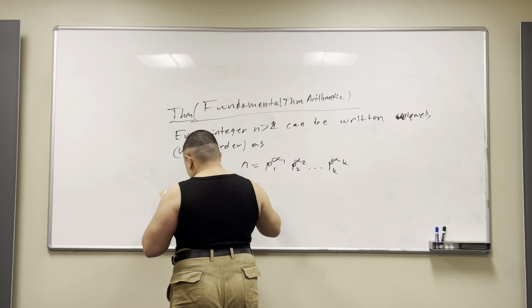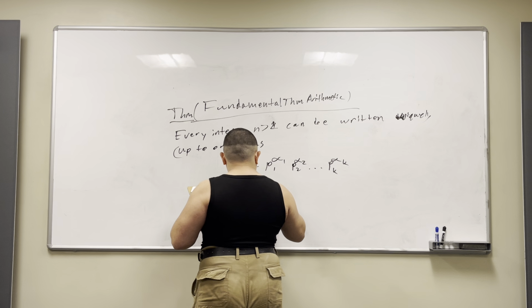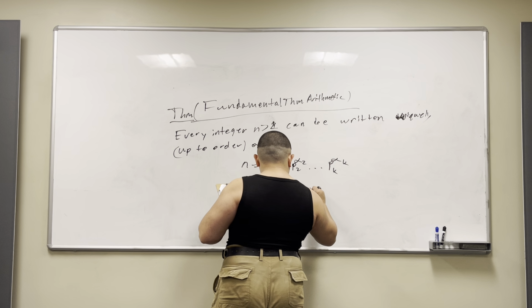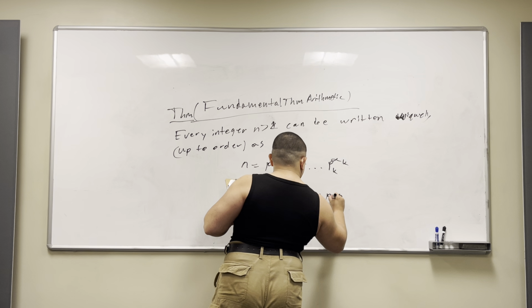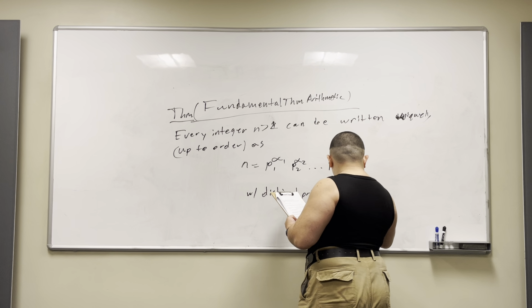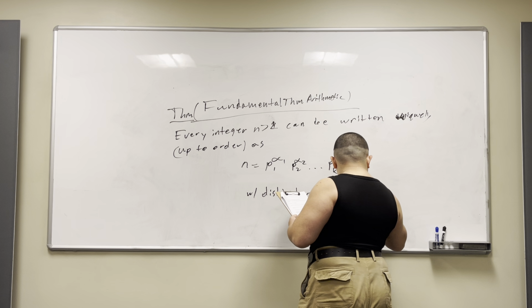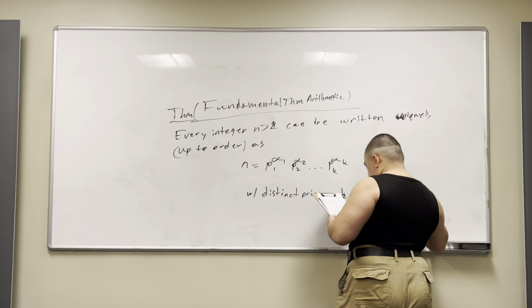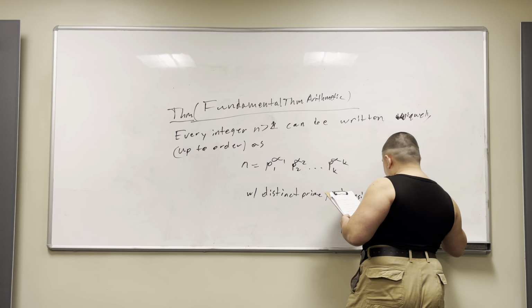These are multiplied with each other, with distinct primes p sub i and positive integers alpha sub i.